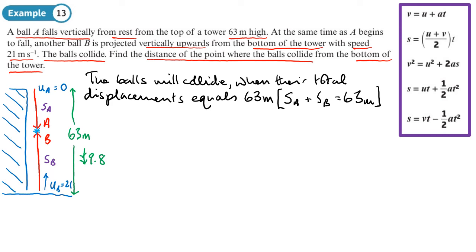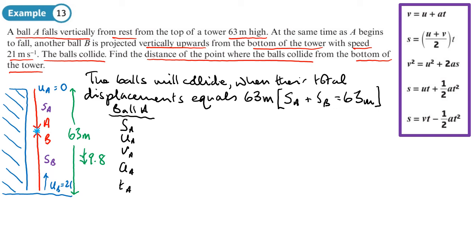So what we do now is we use SUVAT to do 2 equations, and then we're going to put them together. Now with this SUVAT here, I'm putting little a's so that we know that this is for what A is doing. So this is ball A here.